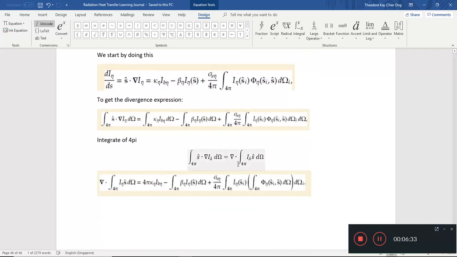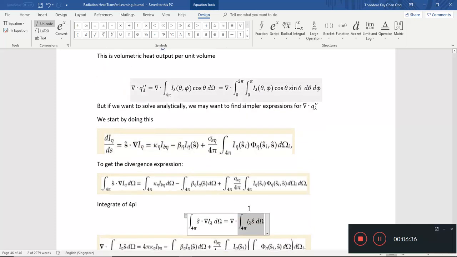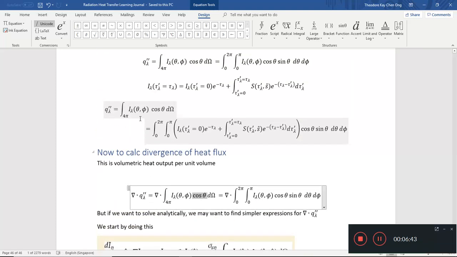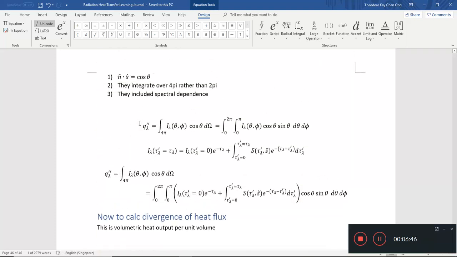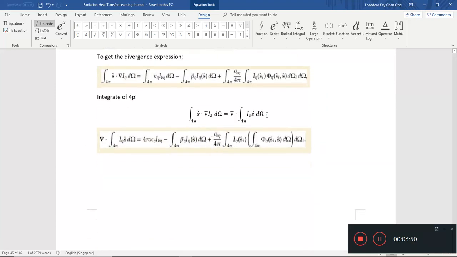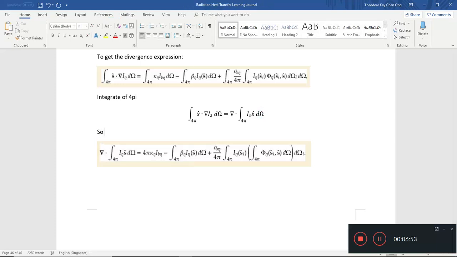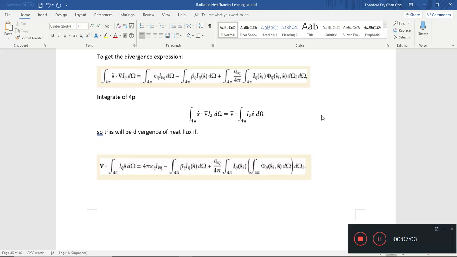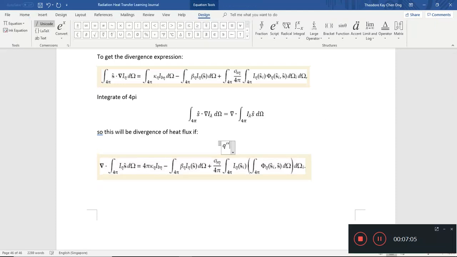Nabla bullet q is what we are looking for, so this should be what the heat flux looks like. If we compare to, let's say here, we notice that cosine theta is n hat bullet s hat. So this will be the divergence of heat flux if q, the heat flux, equals whatever this integral is.